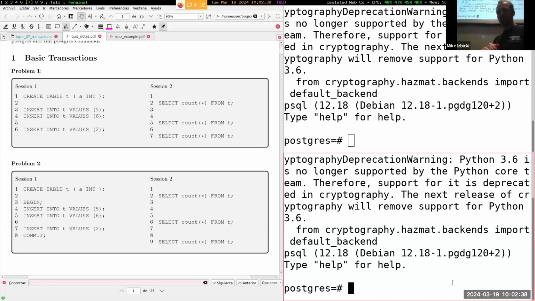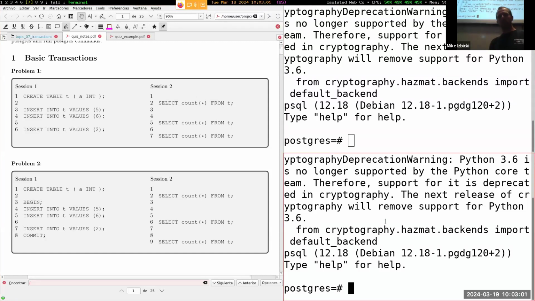And on each of these problems on the left-hand side, inside of each one of these boxes, you can see that these commands are divided up into two columns, a session 1 column and a session 2 column. Session 1 corresponds to one of these terminal windows, and session 2 corresponds to the other one.